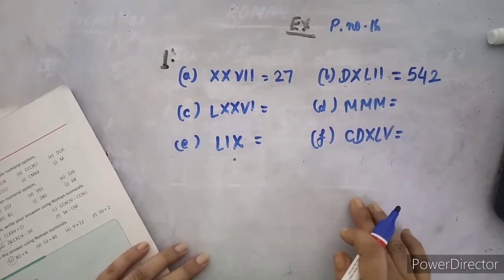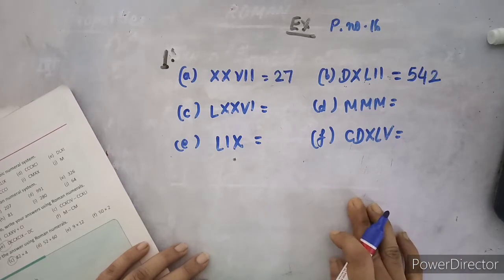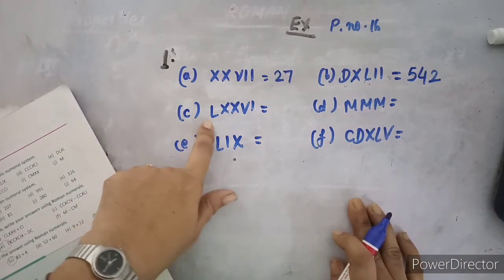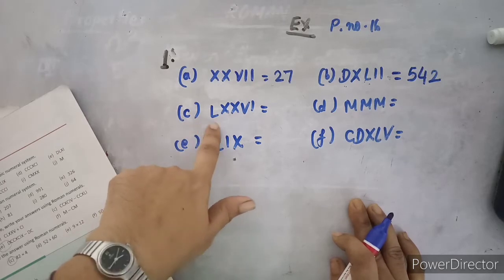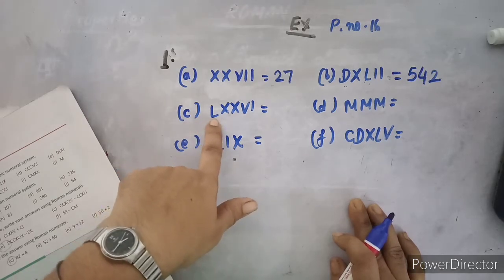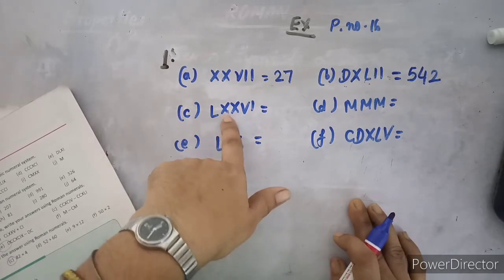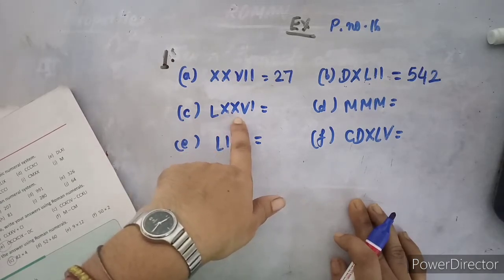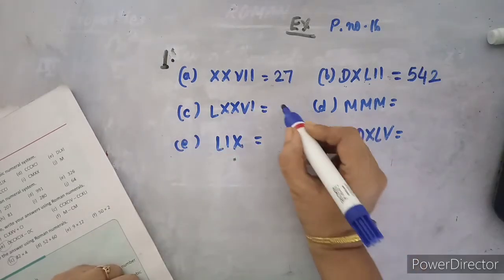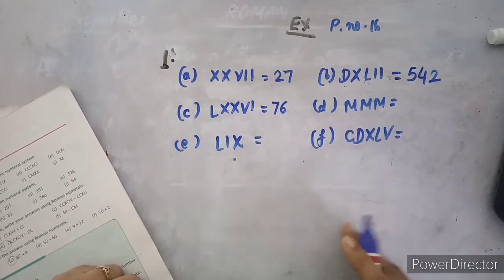Okay, this is 542. Now go to the next one. Now this L is 50. Now you have X to your right hand side, so 50, 10, 10, that means 70, and 6, so 76. Write down 76. Okay.